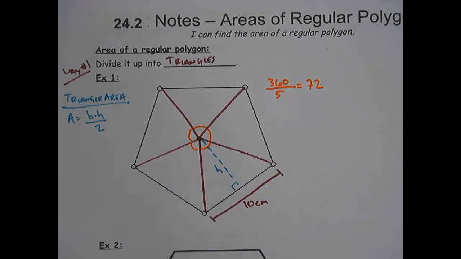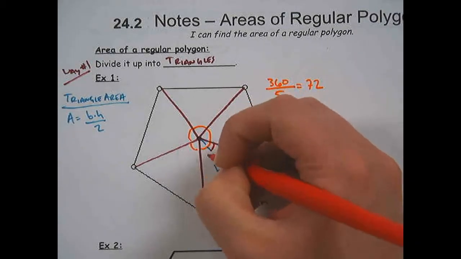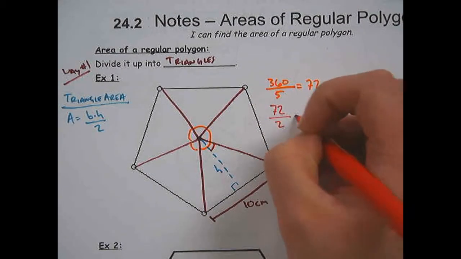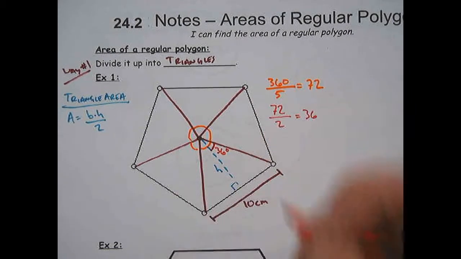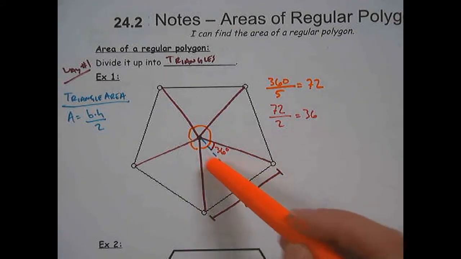If I'm just interested in this part, half of that angle, I go 72 divided by 2 and get 36. So this angle here is 36 degrees. This is important because now I can use sine, cosine, tangent, my trig functions, to find the height.